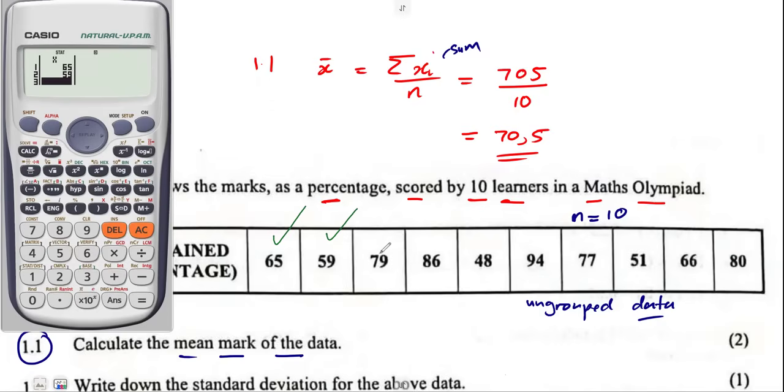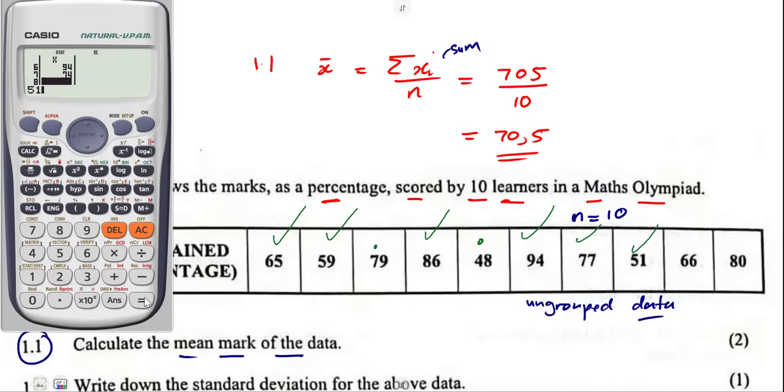We move on to 79, is equal to, then 86, then 48, then 94, and also 74, and 51.